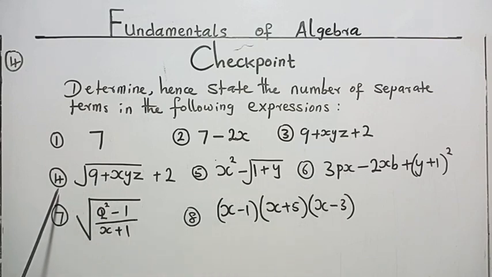Number 4, square root of 9 plus xyz, then plus 2. Number 5, x to the power 2 minus square root of 1 plus y. Number 6, 3px minus 2xb plus, in bracket, y plus 1 all to the power 2. Number 7, square root of q to the power 2 minus 1 over x plus 1. Number 8, x minus 1 bracket x plus 5 bracket x minus 3.